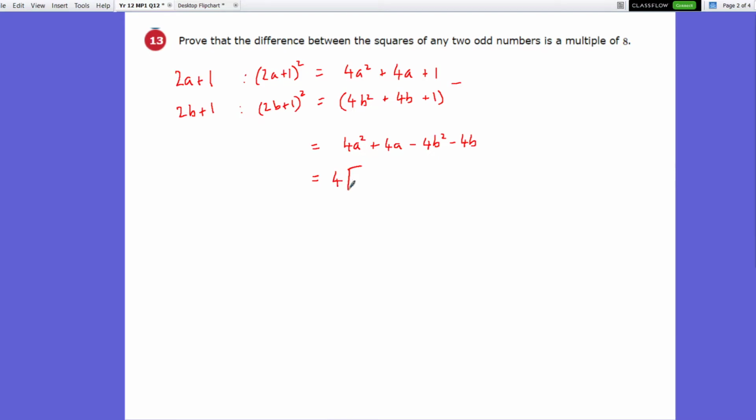Let's use some square brackets because I'm going to factorize further inside. So there's a common factor here, so if I take the a out, I'll end up with a plus 1. That's going to give me a squared plus a, minus, and if I took the b out here, I'm going to get b plus 1.